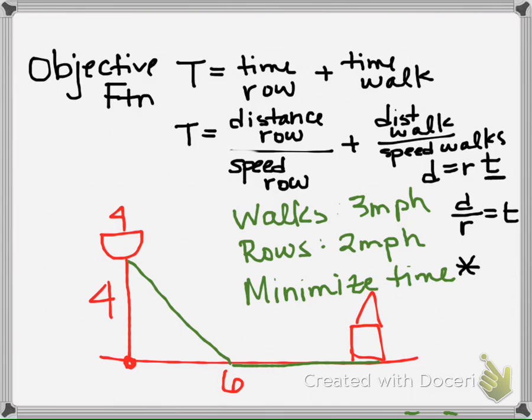Okay, really we already know the speed she rows and the speed she walks. The speed she rows is 2 miles per hour and the speed she walks is 3 miles per hour. So we need to write expressions for the distance she rows and the distance she walks.